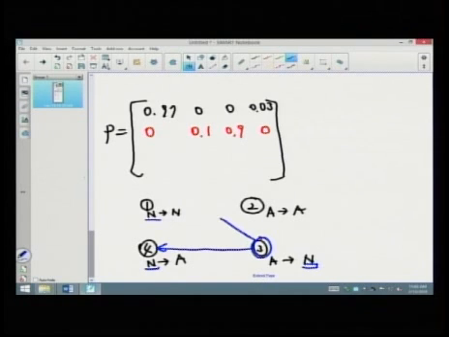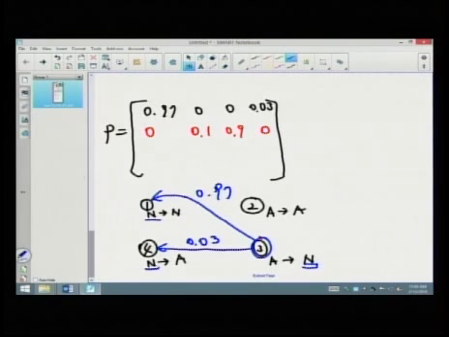So we have this transition. I believe this is going to be 0.97. So this is going to be 1 minus 0.97, which is 0.03. Okay?